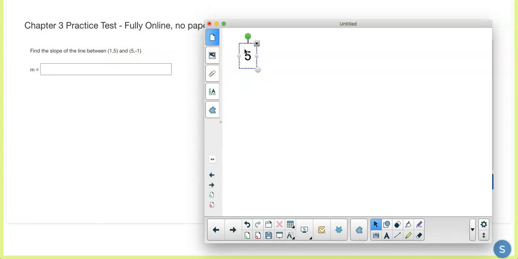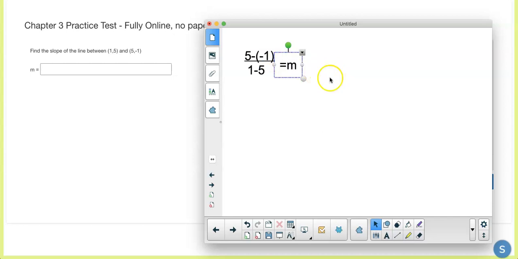So I'll do 5 minus negative 1 on top. On the bottom, I would do the change in x's. I did 5 minus negative 1, so I went left to right. I have to go left to right for the x's as well. So I would have to go 1 minus 5 here on the bottom. Okay, this stuff will equal m.